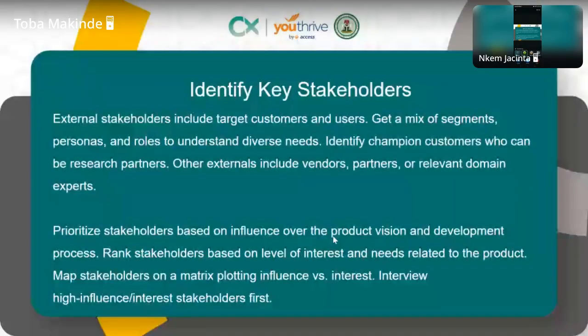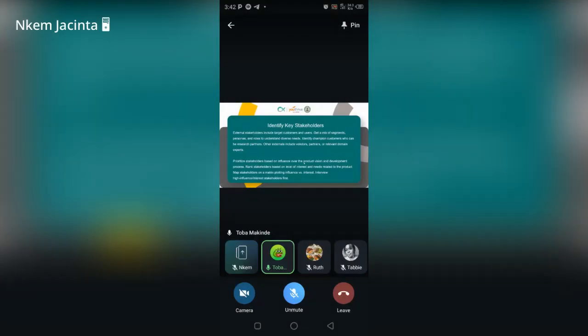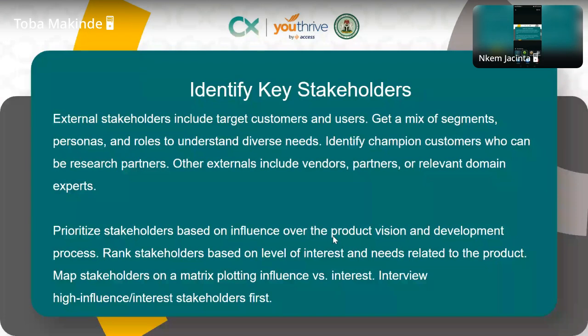Though I had a different assessment for you guys, but I think this would be a good one. So you rank your stakeholders based on influence and interest. There's a set of metrics that you use to do that.